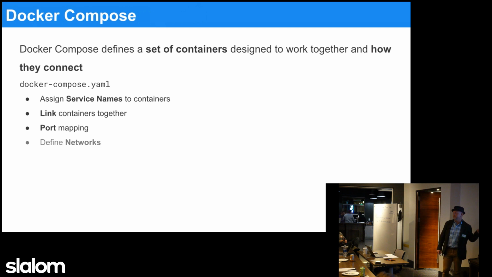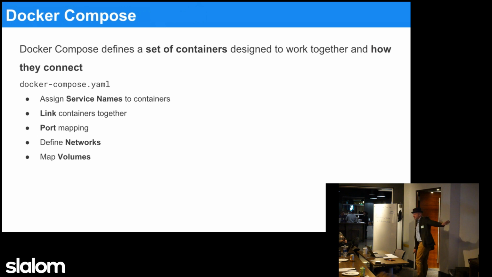We can map volumes. This is actually important if you're going to be running MongoDB. I don't actually have any slides explaining this; probably should have. If I'm going to run something like MongoDB and I'm going to be bringing containers up and down, every time I bring the container down, I lose my data. So what you can do is map MongoDB's data DB folder, which contains the data, to actually store its data on your local hard drive, so that when the Docker container goes away, the data's still there.